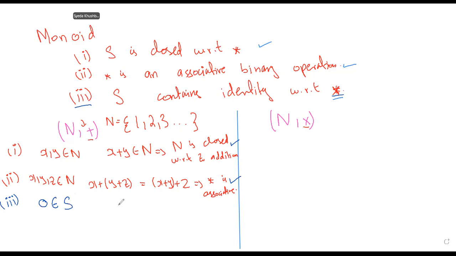We have the set of natural numbers, and 0 does not belong to it. This implies that N is not a monoid with respect to addition. Are you clear? It is not a monoid with respect to addition, but you will see it differently over here. Is it okay for addition? Have you understood everything?